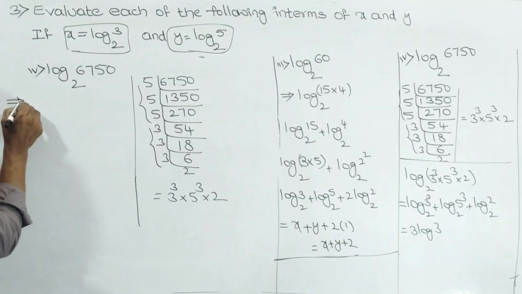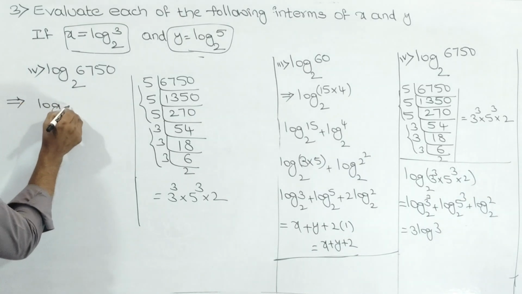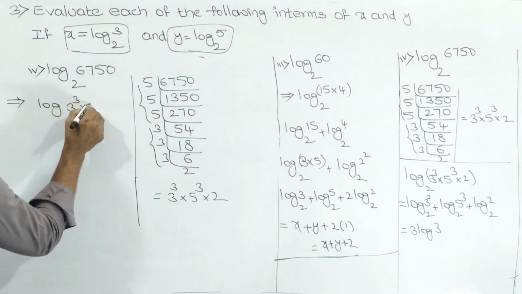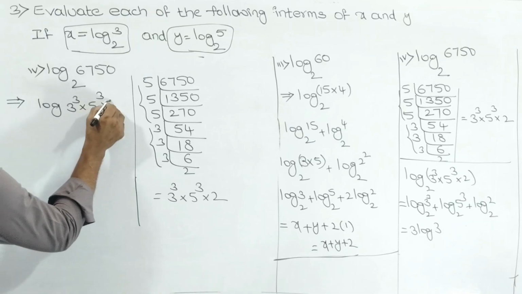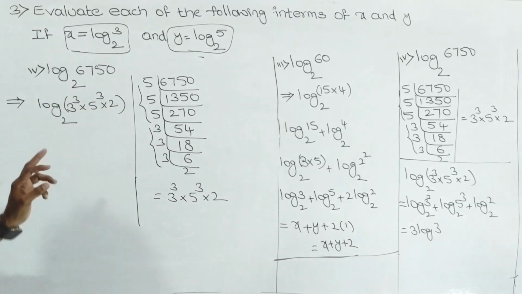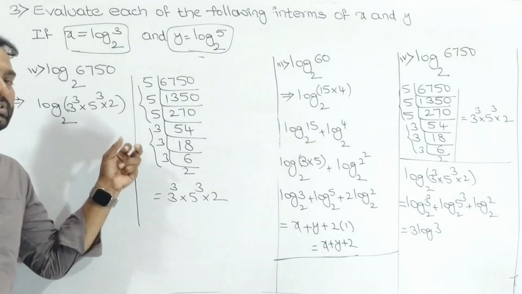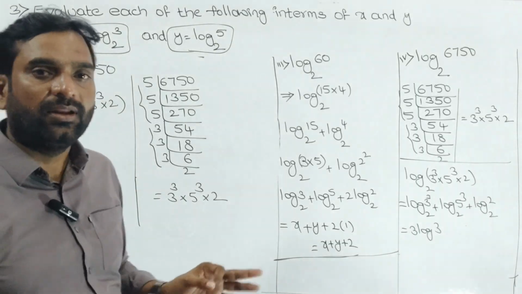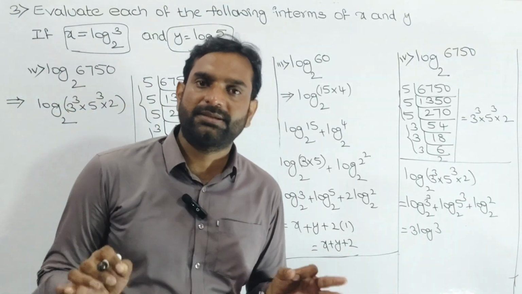Okay. Now it can be written as log 3 cube into 5 cube into 2 base 2. It is like log a into b into c. What is log a into b into c? Log a plus log b plus log c.